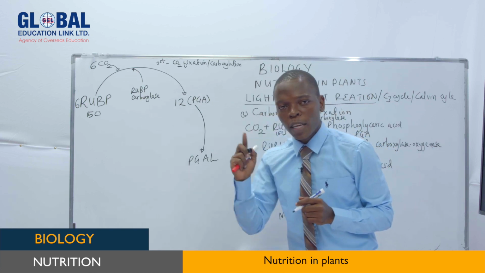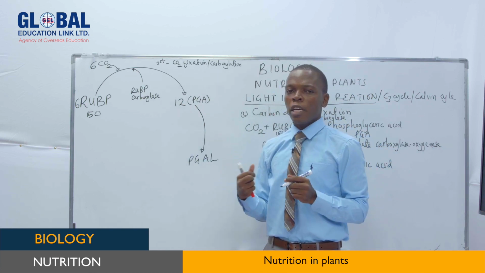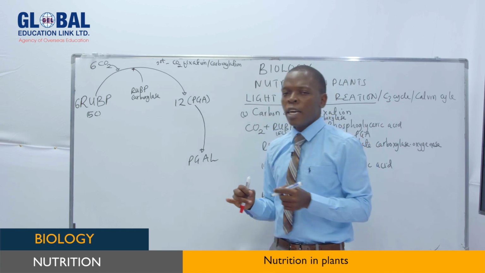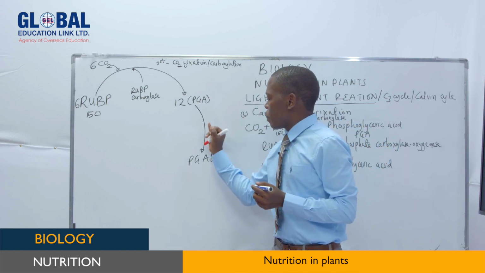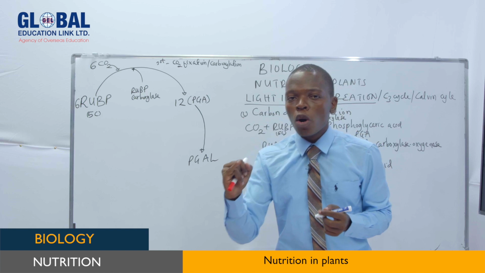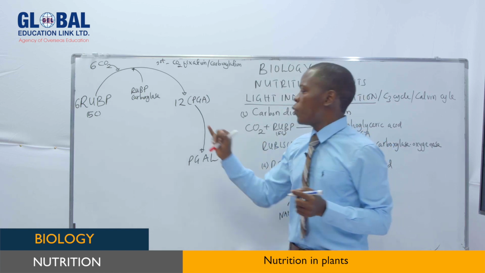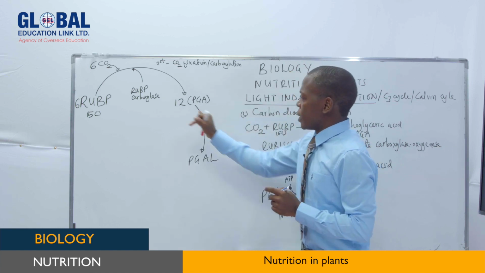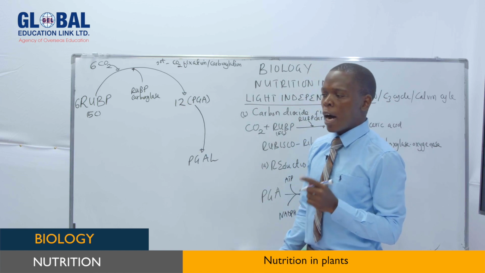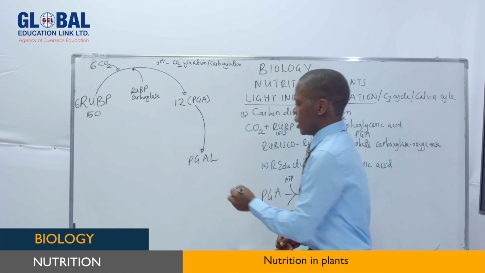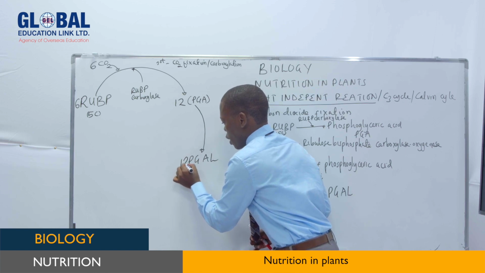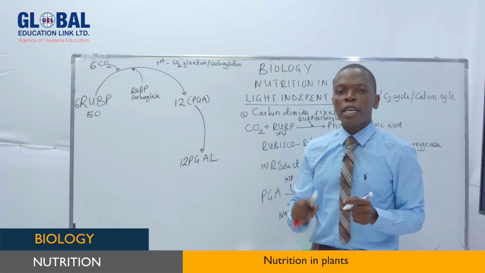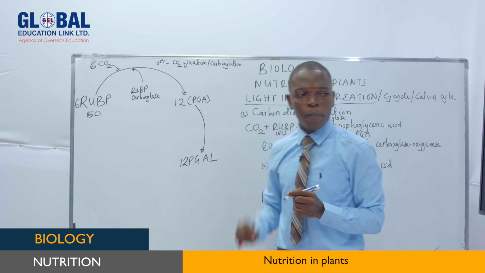Also, PGA is principally a carboxylic acid, but PGAL is an aldehyde. Therefore, the reducing power removes oxygen from phosphoglyceric acid to form phosphoglyceraldehyde. Since we have 12 molecules of PGA, we get 12 molecules of PGAL, and to convert them we need 12 molecules of ATP.